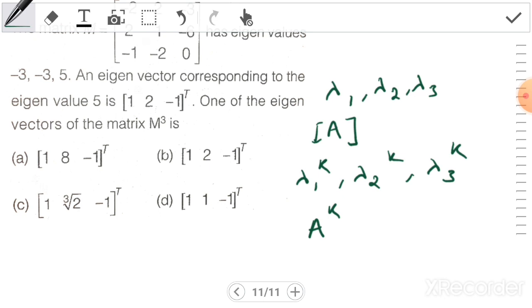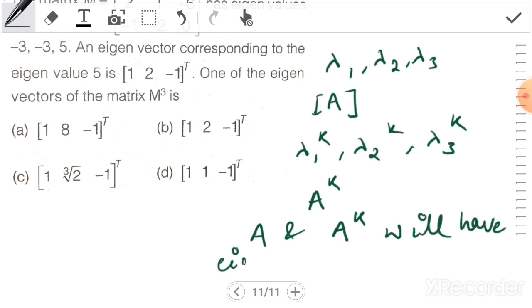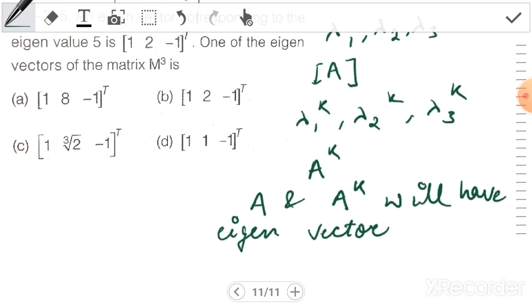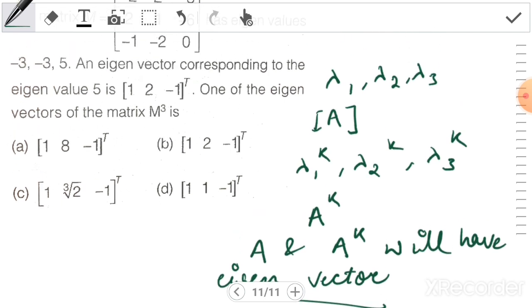But A and A^k will have the same eigenvectors. Only eigenvalues change, not the eigenvectors. So here you can directly answer this question as B.